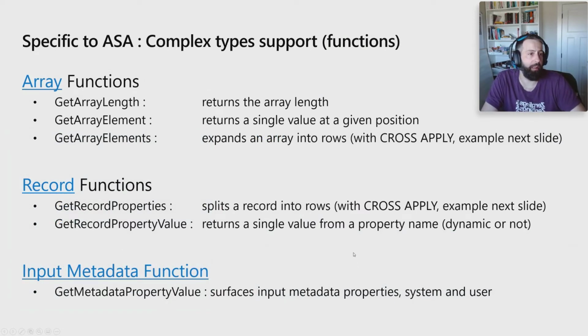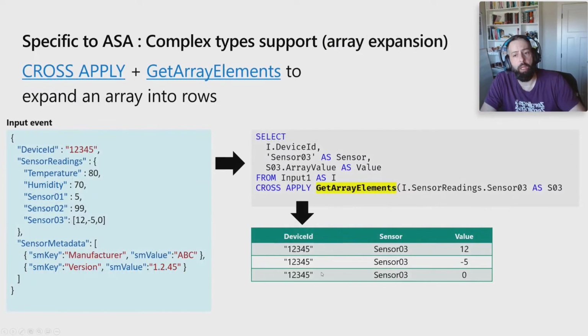We have a list, and I just want to focus on 2 of them. The first one is, let's say I want to expand an array into rows. So here I have 12, -5, and 0 on sensor 3, and I need to unpack that. I need each of those values to be a single row. So how I do that in streaming SQL in Azure Stream Analytics is using CROSS APPLY plus GetArrayElements.